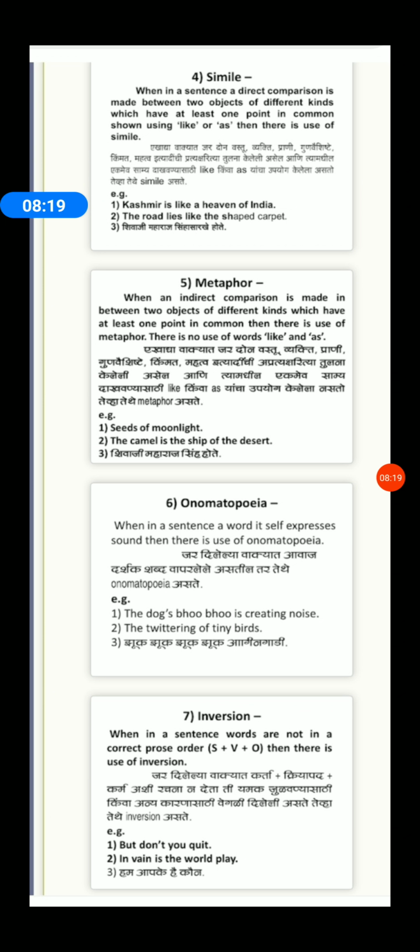Let us see an example. But don't you quite. In that sentence there is the inversion.